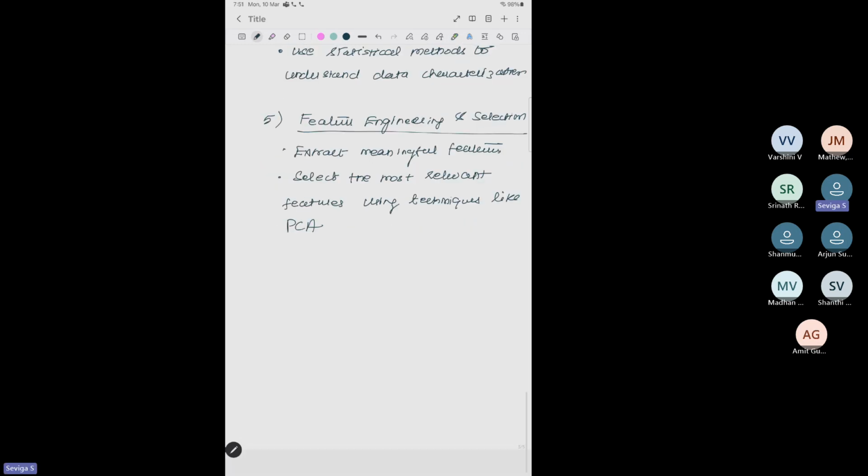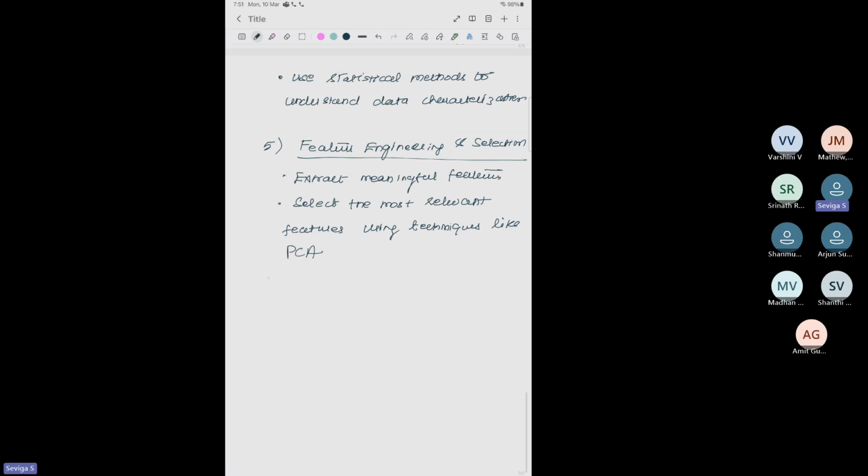After doing feature extraction and feature selection, the next step is to choose an appropriate model. Model selection is important. First you have to decide whether you are going to use machine learning or deep learning. After that, you have to choose an appropriate model, and the selection of the model is based on your data.